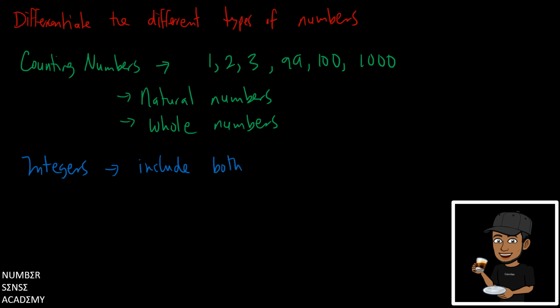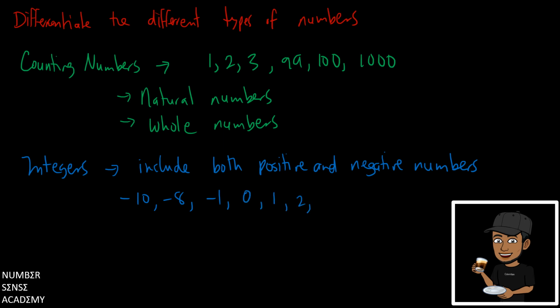So it includes both positive and negative numbers. All right, so if you think of negative 10, negative 8, negative 1, we also throw 0 in there, and we have the positive numbers 1, 2, 3, and so on.